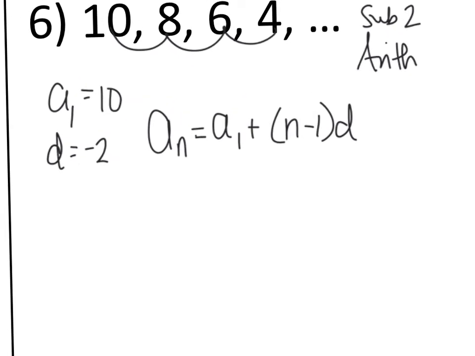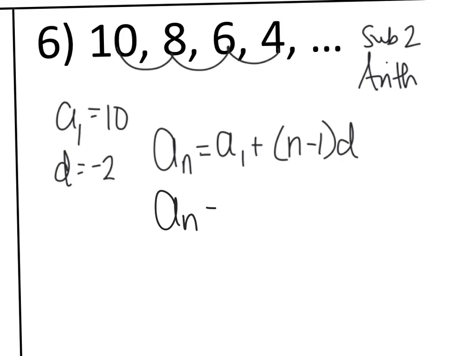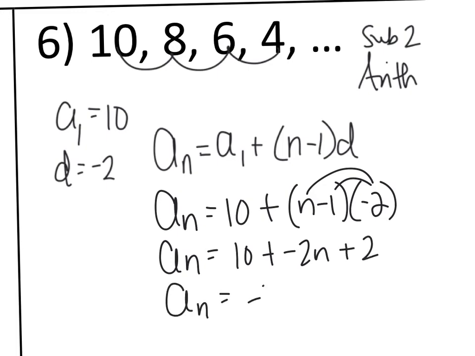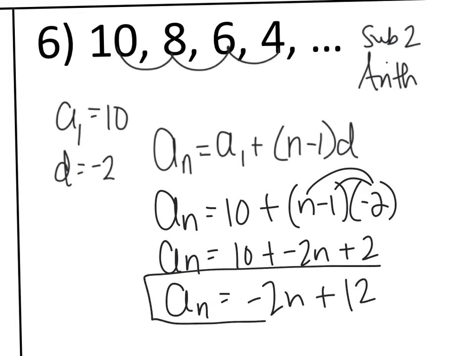So when we write a formula, we're going to leave the n and we're going to put 10 plus n minus 1 times -2. So all I need to do is distribute this -2 and simplify. So -2n plus 2. So an equals -2n plus 12. And that would be my formula for an arithmetic sequence.